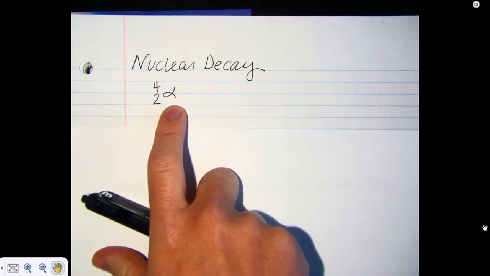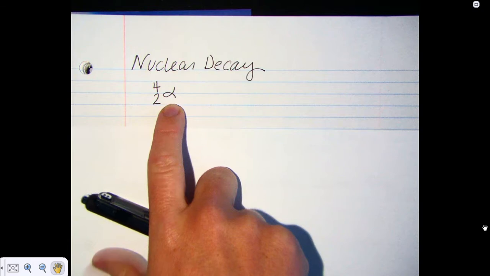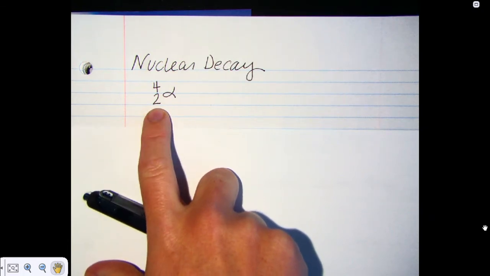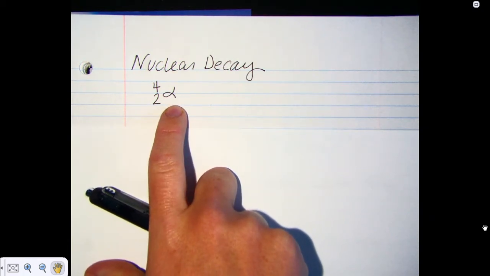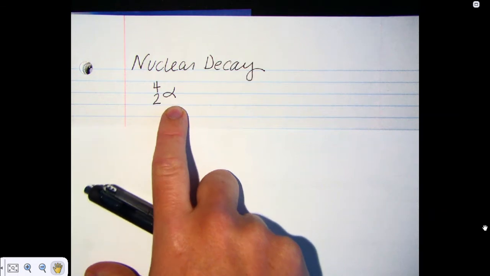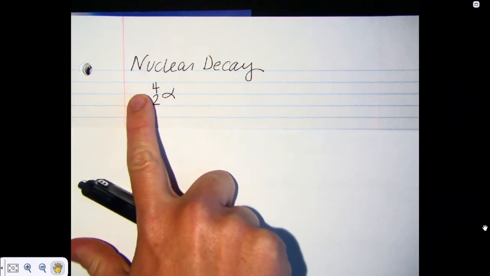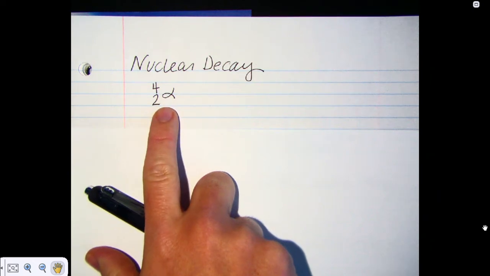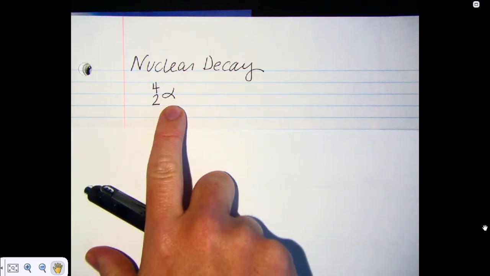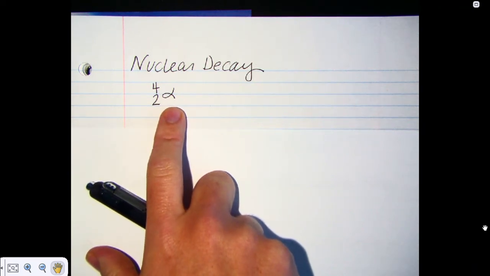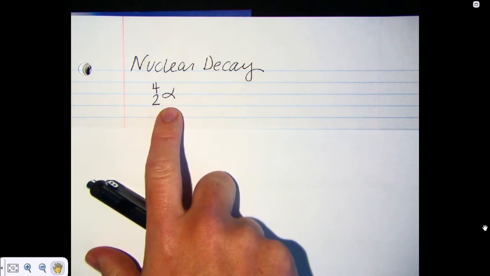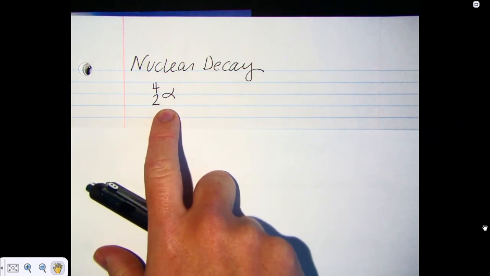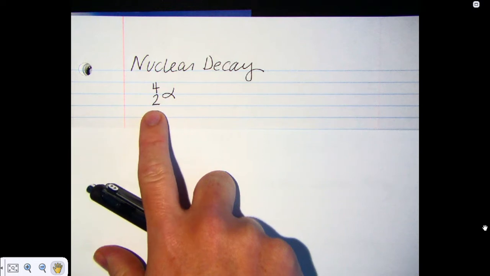The alpha symbol looks like a little fish. This could also be written as a helium nucleus, because if you look at the periodic table, helium has an A of 4, a Z of 2. So the notation of 4/2 alpha or 4/2 He are used interchangeably. You'll see me most often use the 4/2 alpha just because it's a little bit faster.